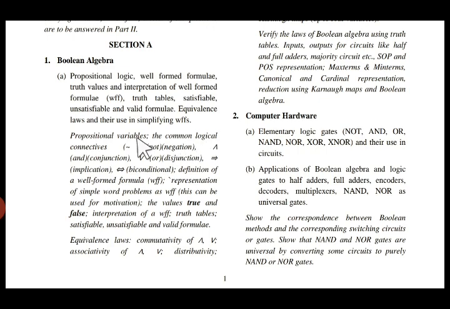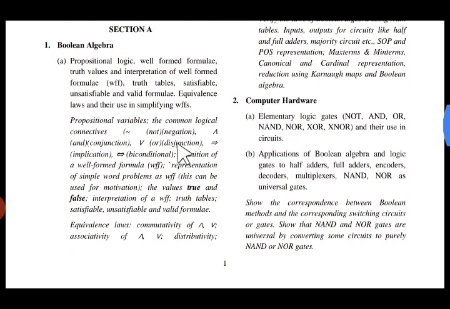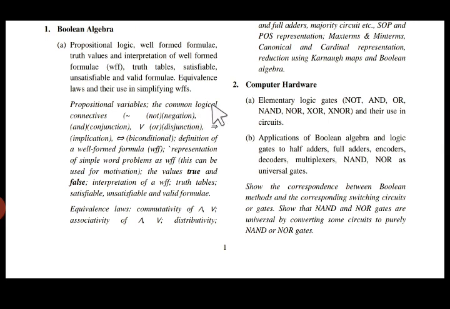Students, after that, propositional variables and the common logical connectives: negation, then conjunction, then disjunction, then implication, then biconditional, so conditional and biconditional both.